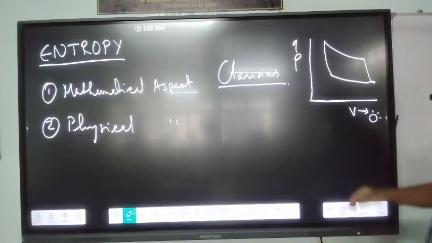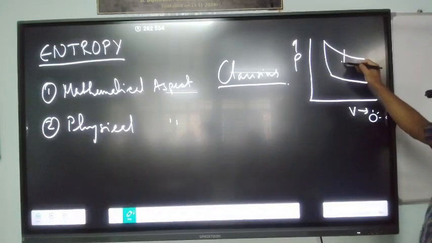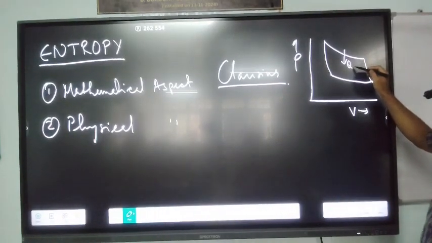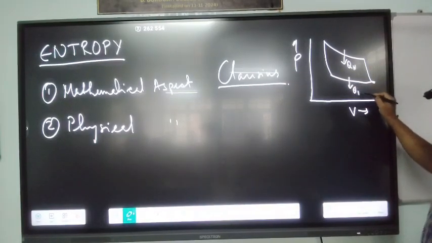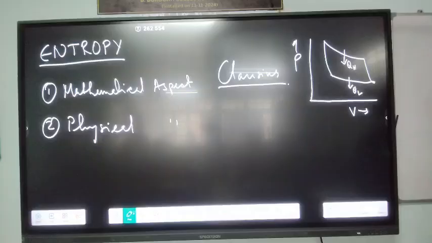In the Carnot engine we have seen that it takes some heat, let it be QH, from the source, and it gives QL to the sink. Source of QH heat level, sink of QL heat level.